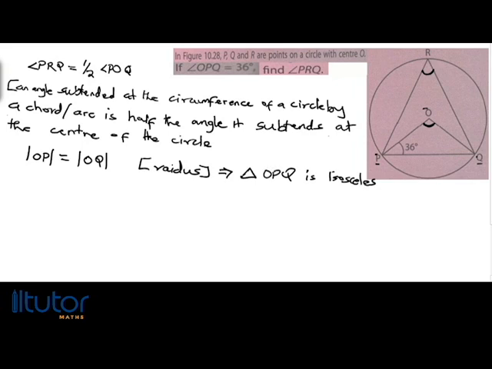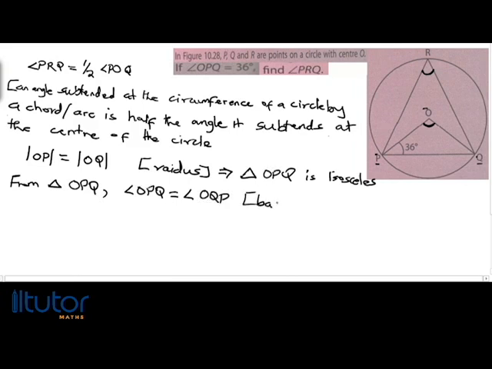So now from the isosceles triangle OPQ, we have that angle OPQ is equal to angle OQP. The reason is that they are base angles of an isosceles triangle.